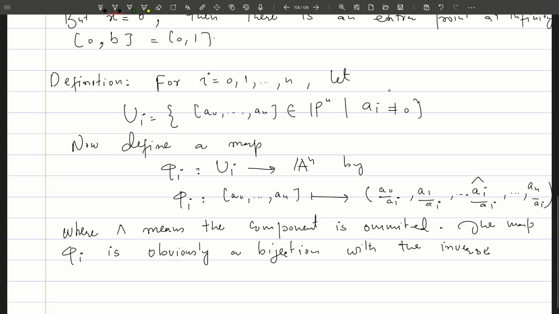So with the inverse psi i from An to Ui, given as follows.